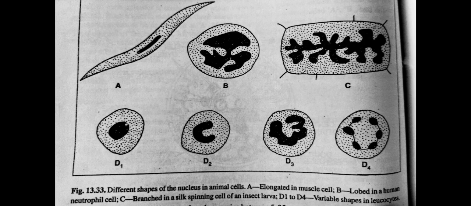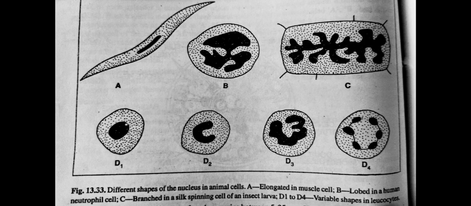When we study different shapes of nucleus in animal cells, A is elongated in muscle cells. This is the A structure, this is elongated. The shape of the nucleus is long in the case of muscle cells, and this B structure is lobed in the case of human neutrophil cells.